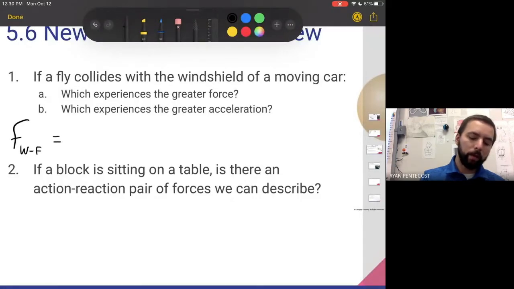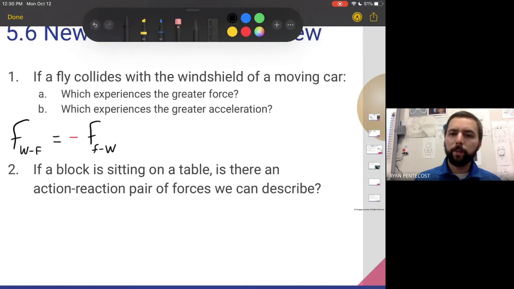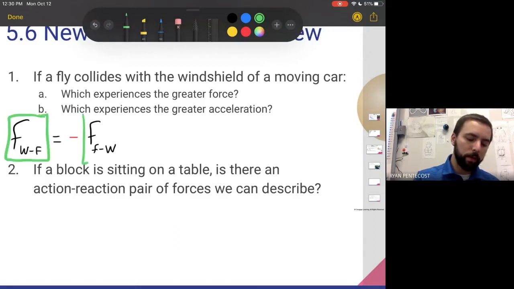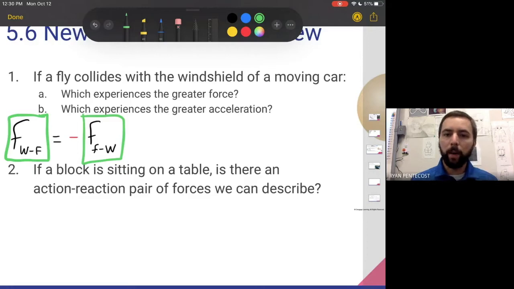Now that will equal the same force but opposite direction force that the fly exerts on the window, right? So which experiences the greater force? Well, if we look at this, they are equal, right? So that is the same force as this one. You just have opposite in direction. So they experience the same force, the fly and the windshield.